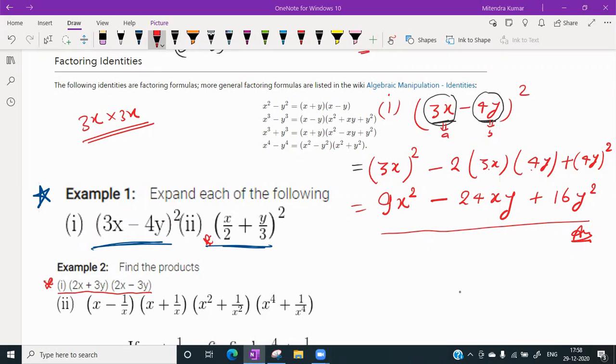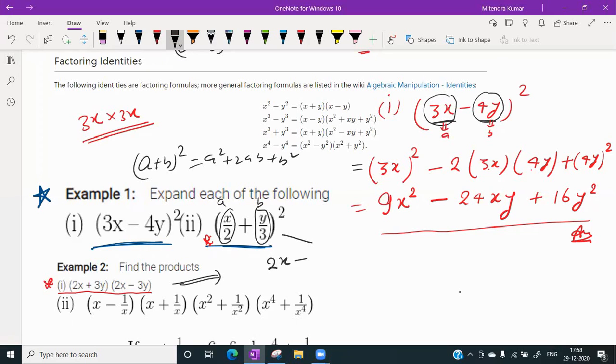Students, solve. This is solved. In this also, treat this as a and this as b, and you have to use the expansion formula a square plus 2ab plus b square. In this, what is the answer? (2x plus 3y) and (2x minus 3y). Look at this question. You can see this is one term, second term, minus sign.